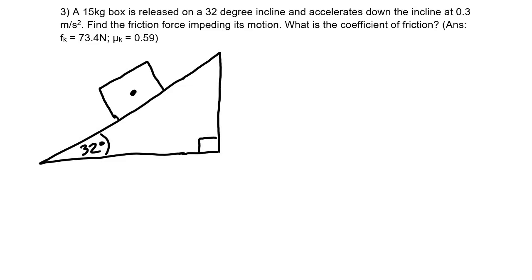Okay, so now that we have this, what are the forces acting on the box? Well, first of all, we always know that there is a force due to gravity acting on the box. And there's going to be the normal force, right? What else do we have here? We know that it's just being released, and it's sliding down the incline, right?